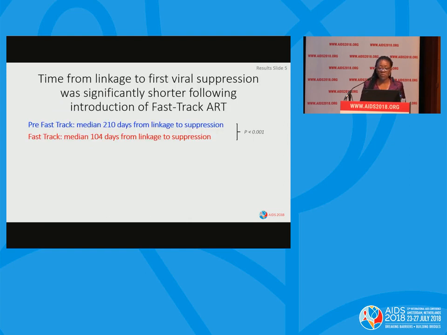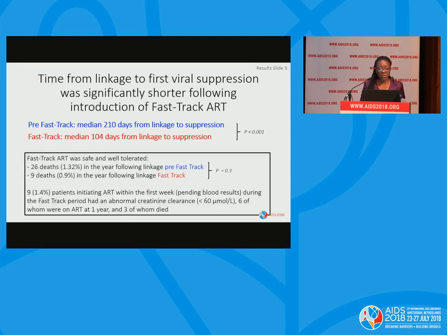Time from linkage to first viral suppression was significantly shorter following introduction of the fast-track ART. Median days from linkage to suppression was 210 in the pre-fast track and 104 in the fast track. Fast-track ART was safe and well tolerated.